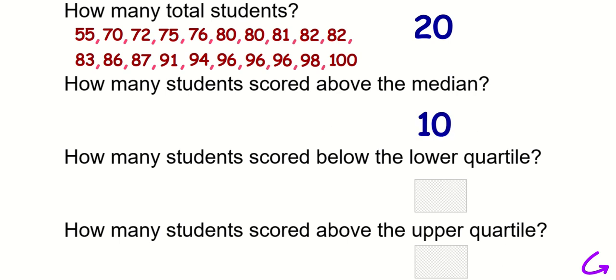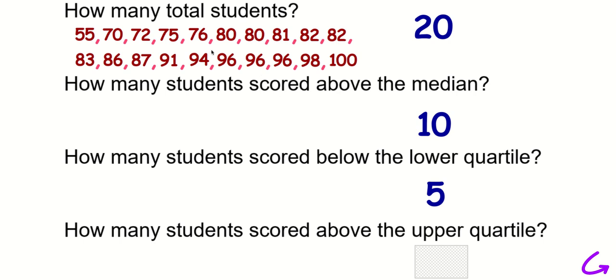Well, 10, right? How many students scored below the lower quartile? The lower quartile was right here. How many students scored below this, which just turned out to be 78? Well, 5: 1, 2, 3, 4, these 5, right? And then how many students scored above the upper quartile?